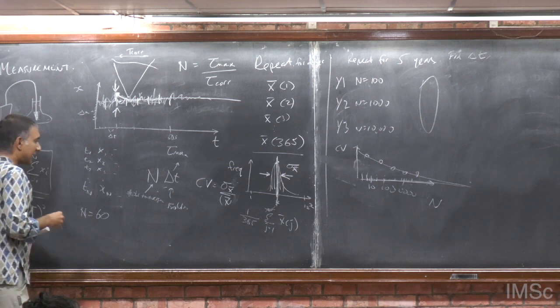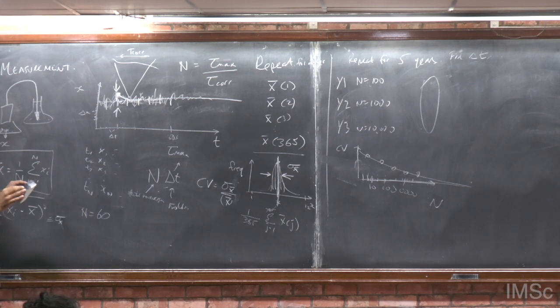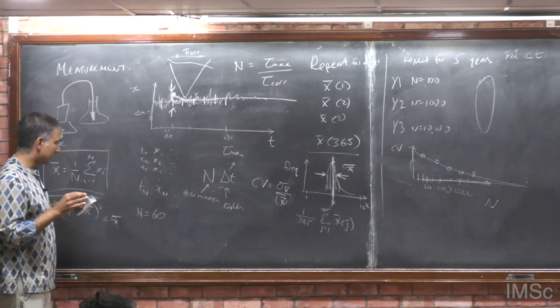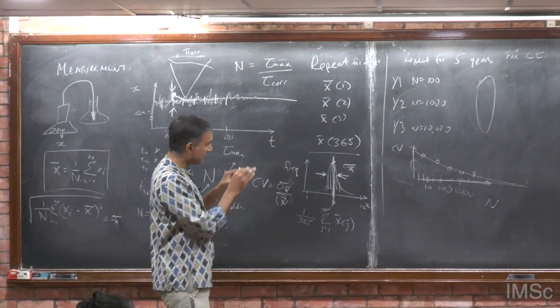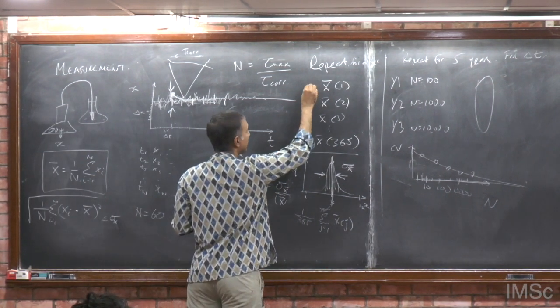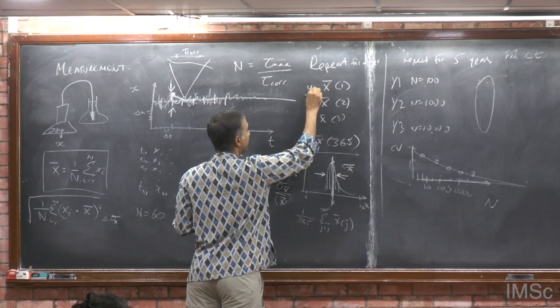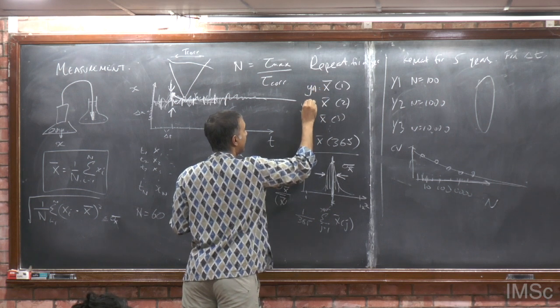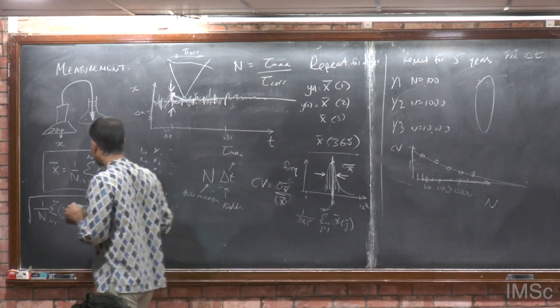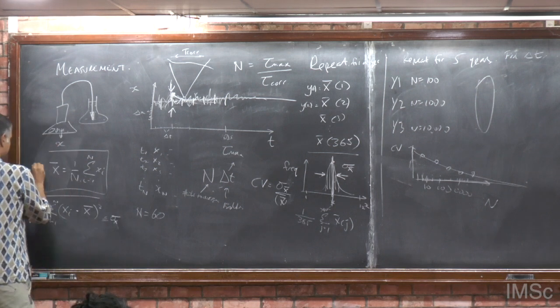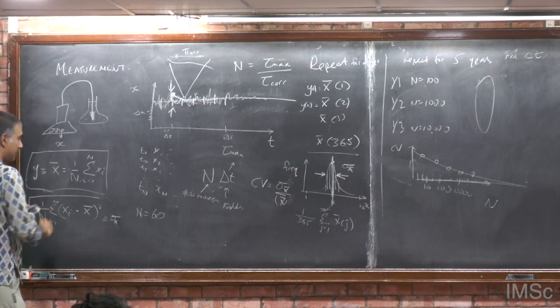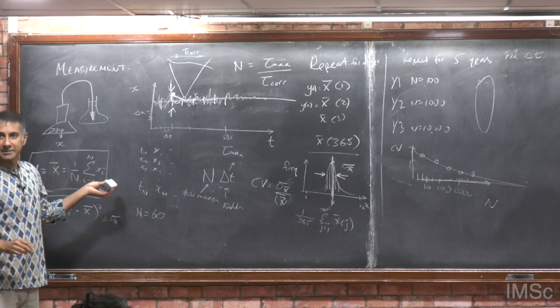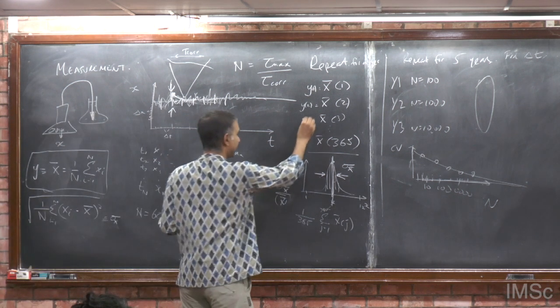Now I think I've tied myself up in notation, so let me do a quick notational change. I'll leave the dictionary up here. I'm going to call this Y, the averaged value of X, because I don't want all these X's and X bars floating around.